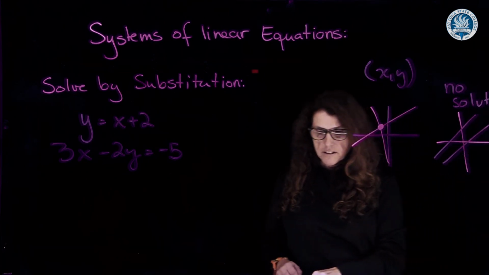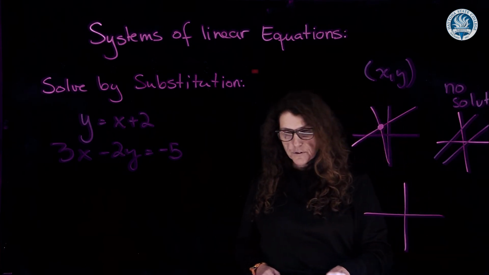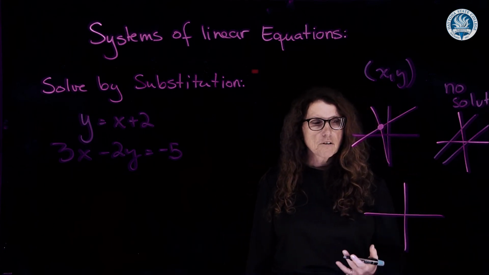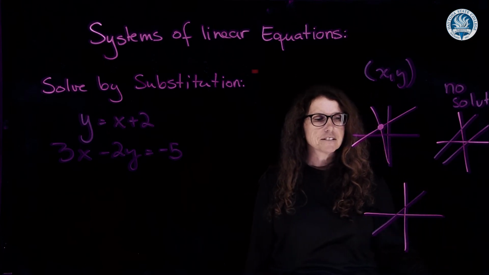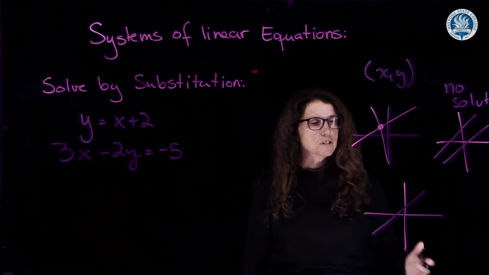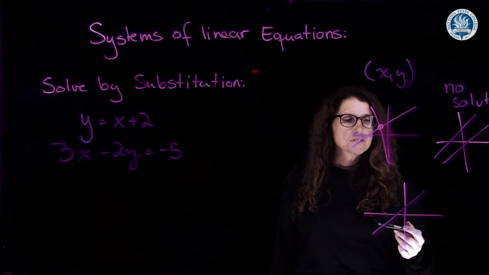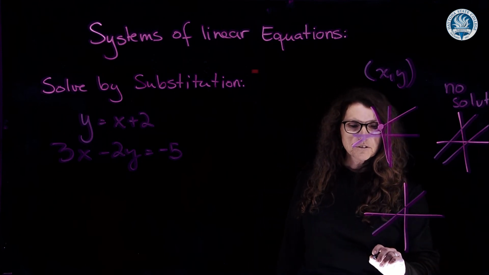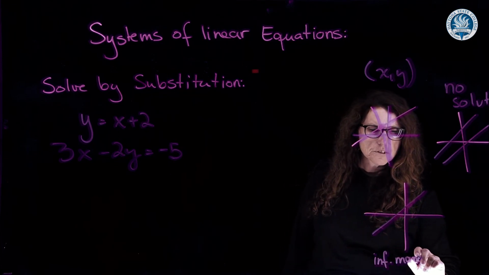A third case you could come across is if you have two equations that look different, but when you graph them, you will see they are exactly identical. They just look different. Those are equivalent equations, but the graph is the same. When that happens, the lines coincide. It's called coinciding, and you have infinitely many solutions.